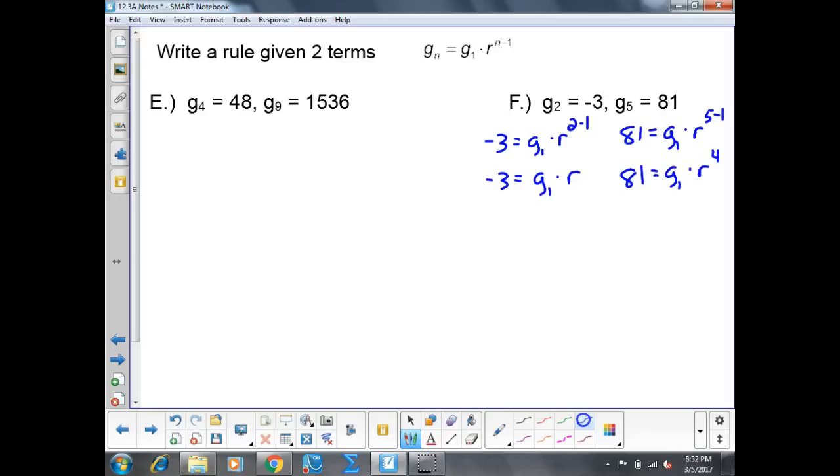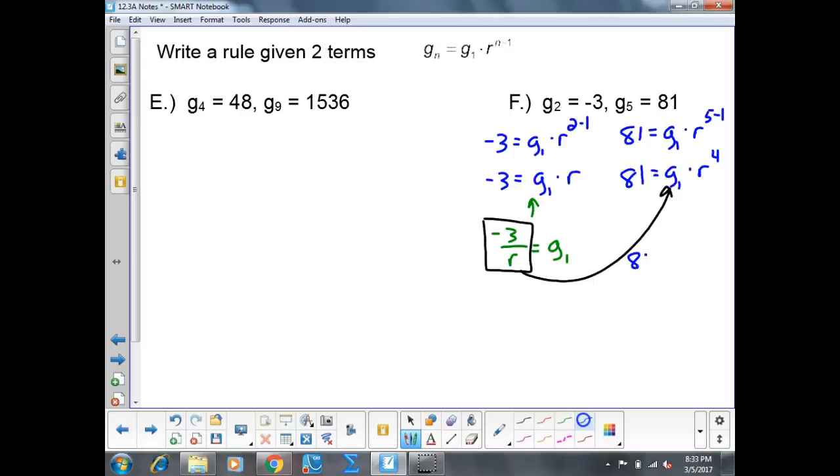In this particular case I'm going to go with the left one and solve that for G sub 1. So that's going to be negative 3 divided by r equals G sub 1. Then I'm going to substitute that into the other equation.